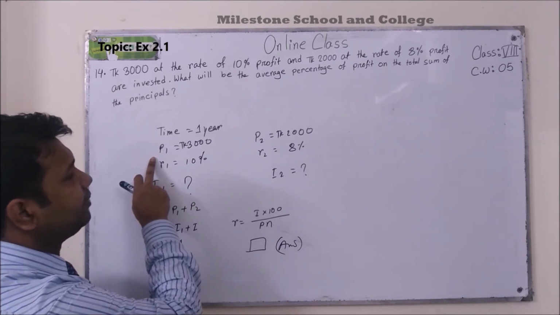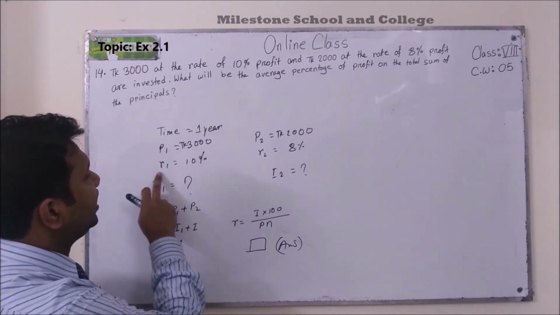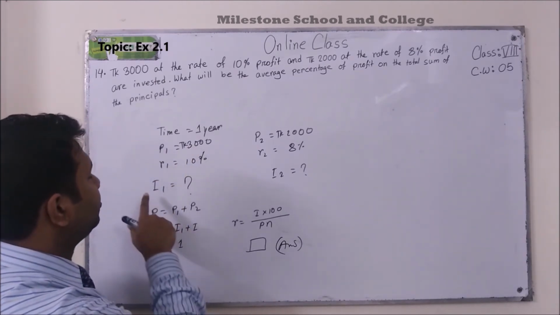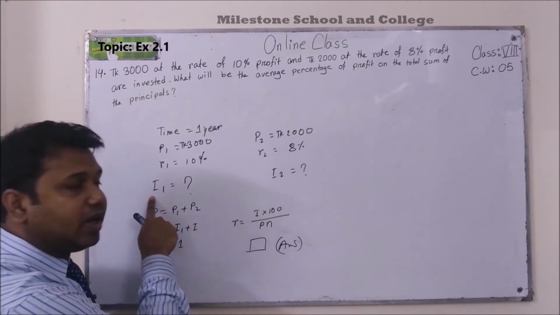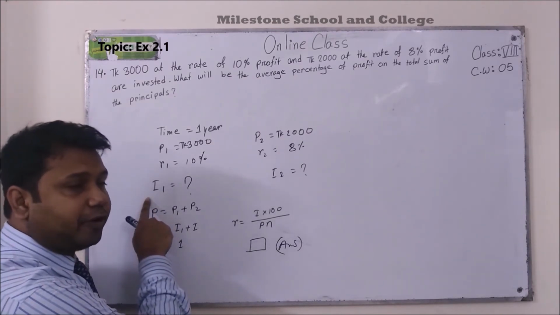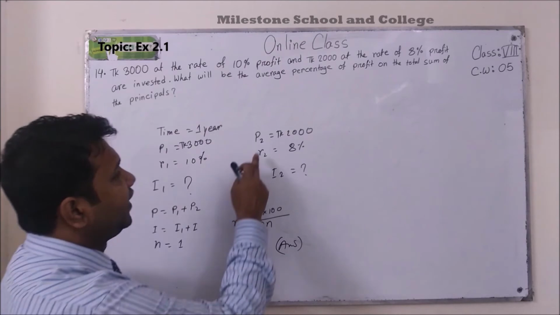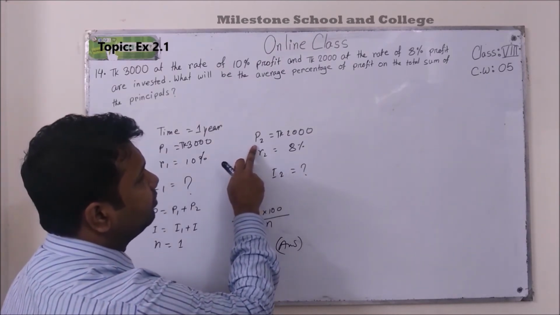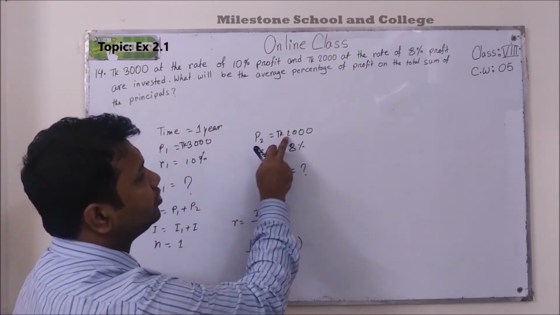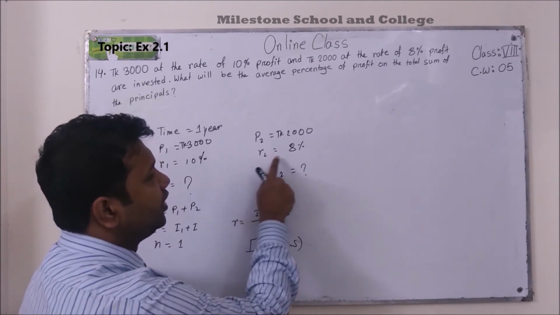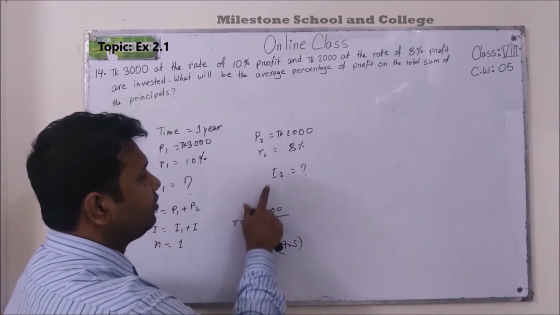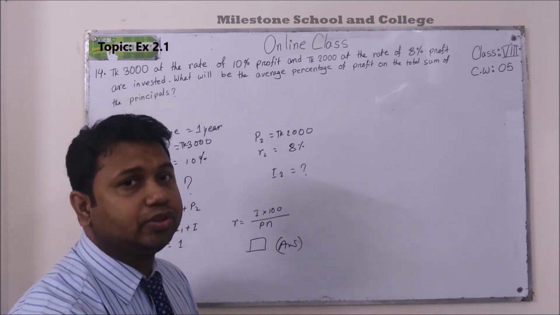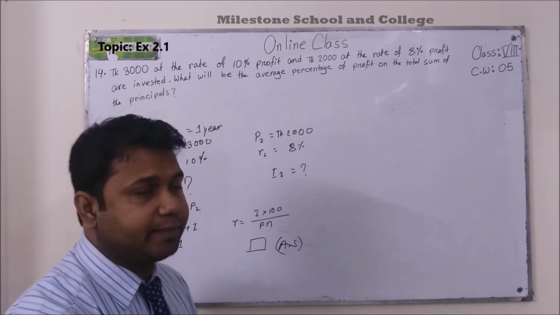For the first investment, principal P1 equal to 3000, R1 equal to 10%. So we can easily find out I1, that means profit. And for the second investment, P2 equal to taka 2000, rate of profit equal to 8%. From that we can easily find out I2, the second profit.